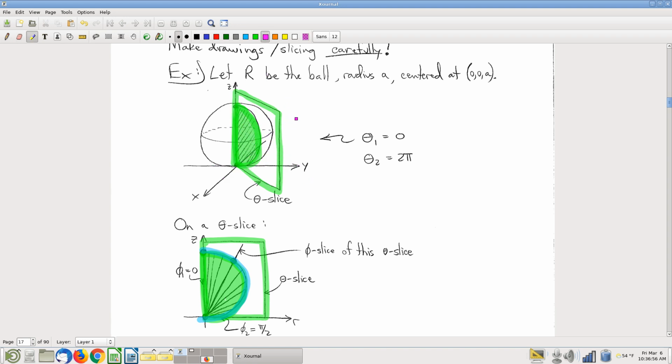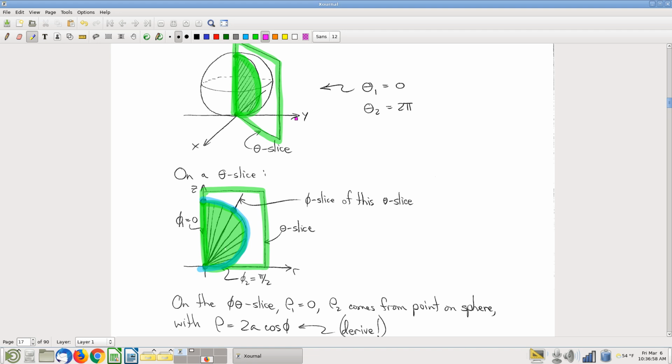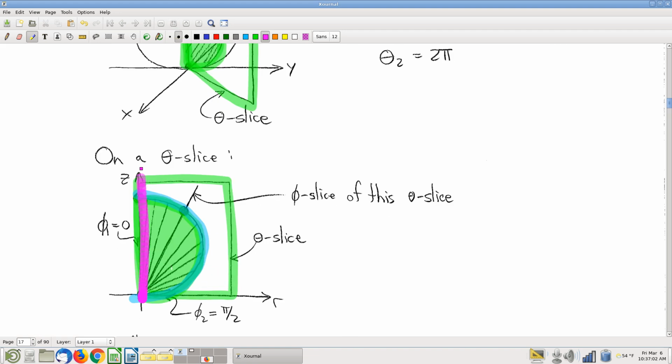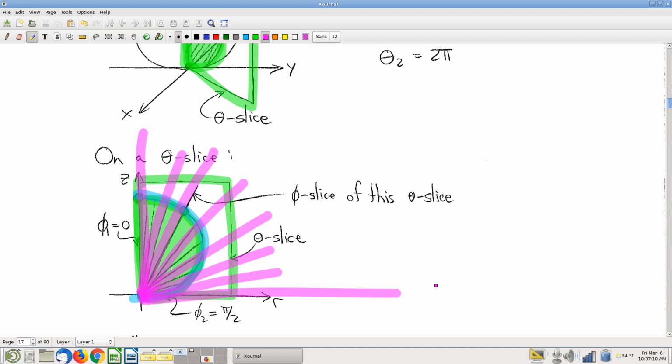Whereas over here, looking at this straight-on picture, it's easier to see that these phi slices keep going until you hit that line tangent to the R-axis. And it's easier to see that your phi values go from 0 to pi over 2.